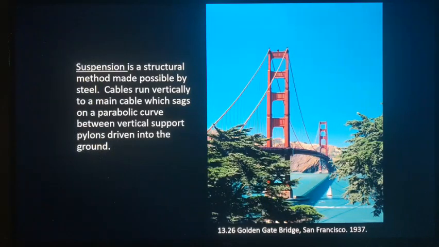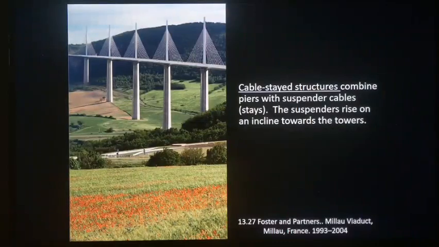So as high winds came through the area, the whole deck of the bridge would start to wobble and sometimes even eventually fail. The variation to the suspension bridge is the cable stay bridge, and you can see the differences here.